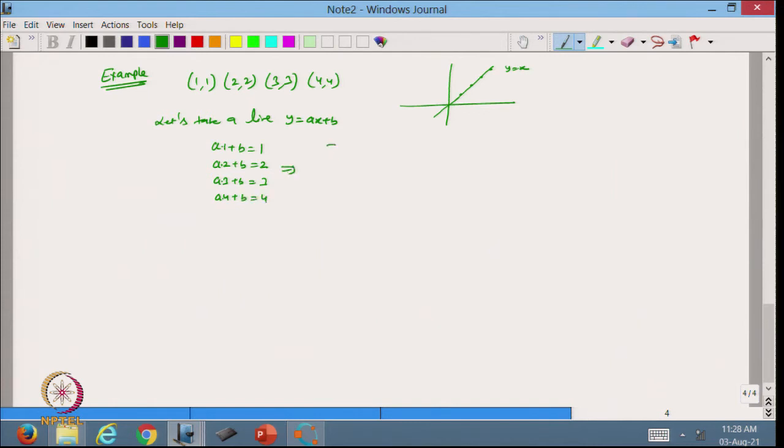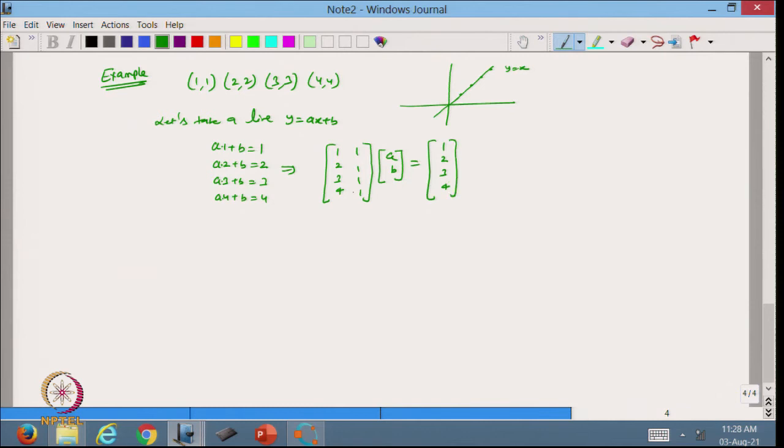From here I can write a matrix, with columns 1 2 3 4 and 1 1 1 1. This is the matrix, and this is my (a, b), and that is equal to (1 2 3 4).